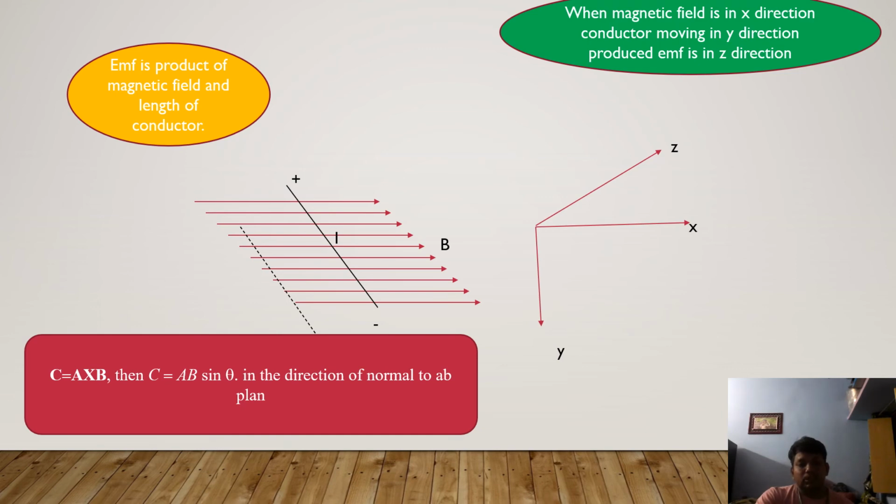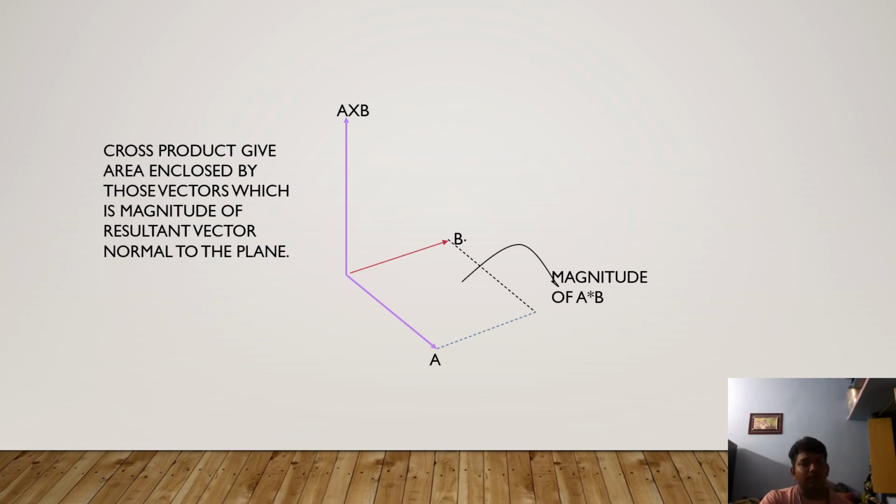Let C equal A cross B, then C is equal to mod A mod B sin theta, and the direction of C is normal to the AB plane. Here E is equal to BLV sin theta. One observation from this cross product is that where sin theta is present, there is a chance of cross product. Cross product gives the area enclosed by those vectors, and the magnitude of the resultant vector is normal to the plane.